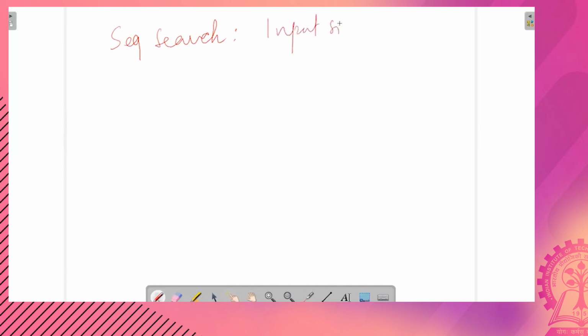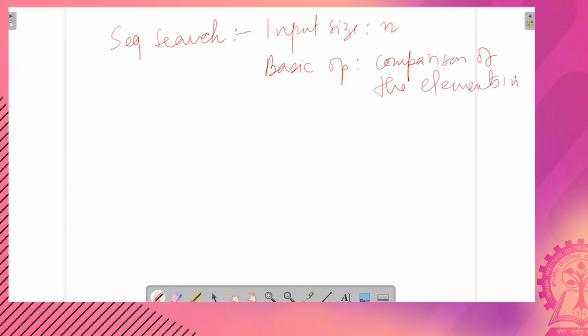The input size was n, and the basic op was the comparison of the elements in S with X.